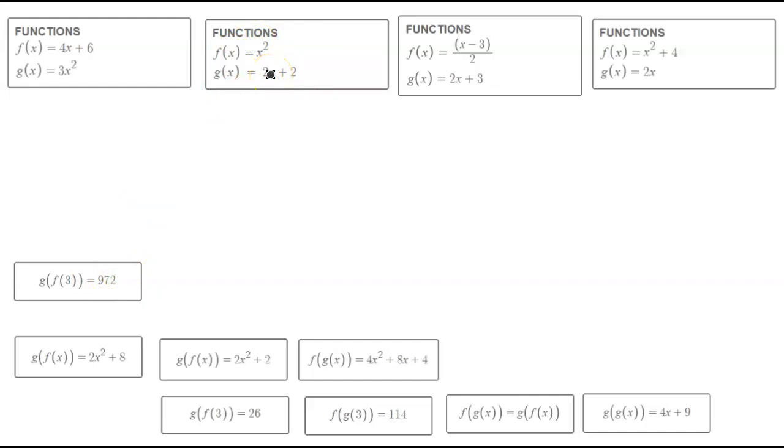So I'll look at another one. Let's look at this one here. If I plug 3 in here, I'm going to get 4 times 3 is 12, plus 6 is 18.